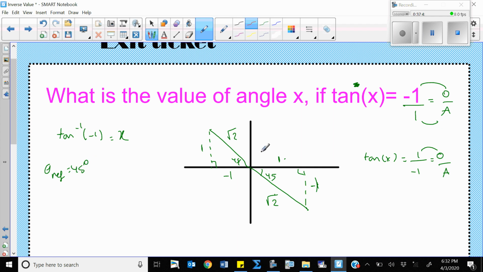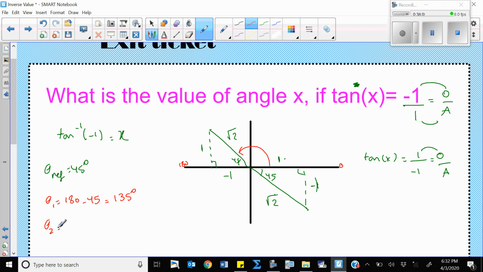Now, what is my original angle? The first one is going to be this one. Starts from here and ends at this point. So this will be 180 minus 45. So theta 1 is 180 minus 45, which is equal to 135 degrees. So that's the first answer.